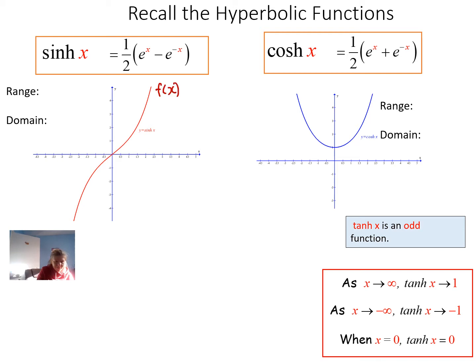So f of x, because it's a function, we're going to say that belongs to the real numbers. Anything then. The domain, well, if you carried it on forever, x would expand, maybe not quite as quick as the y, but it would expand. So x can also belong to the real numbers.